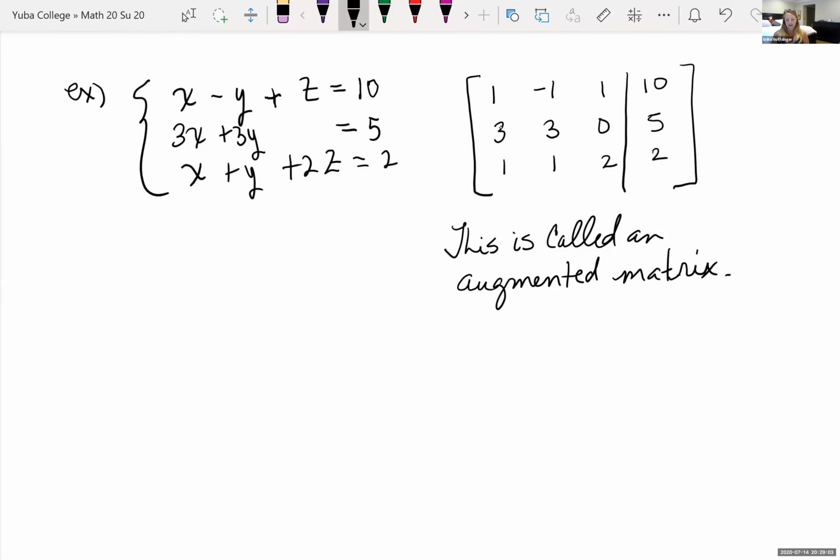When we're working with this matrix, anything in the first column represents the numbers in front of our x. Anything in the second column are the coefficients in front of y. Anything in the third column are the coefficients in front of z, equals some number.